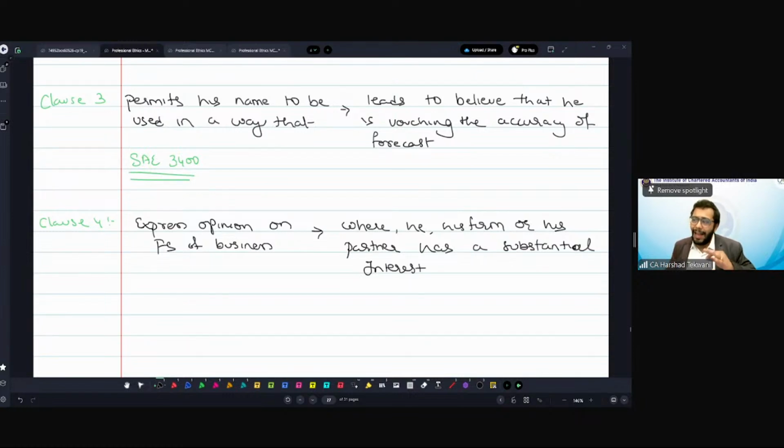Don't worry, I will again touch upon the definition of substantial interest when I discuss clause 4 in detail.